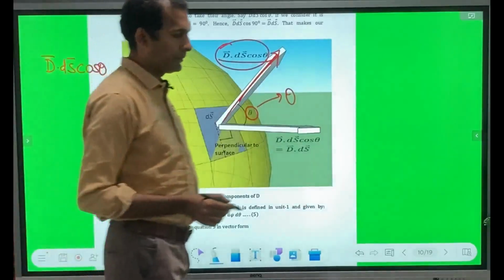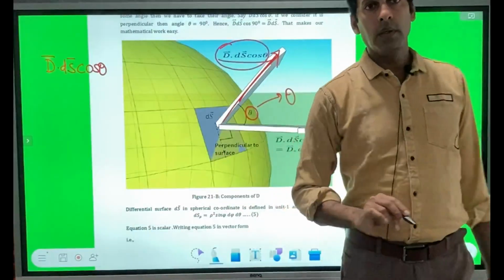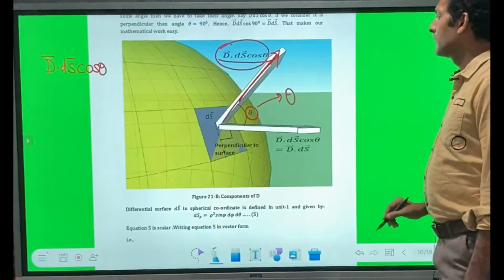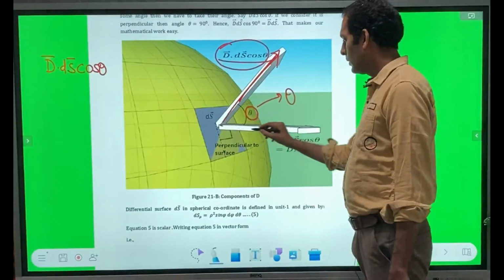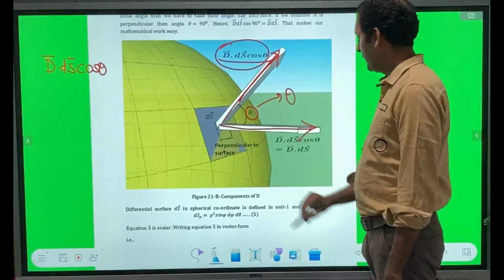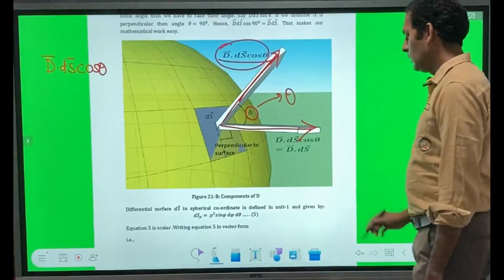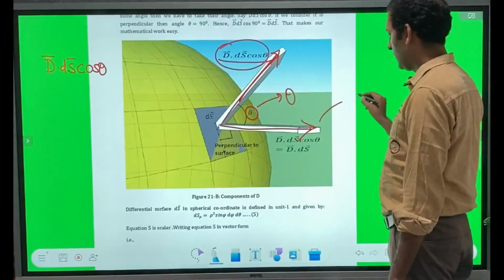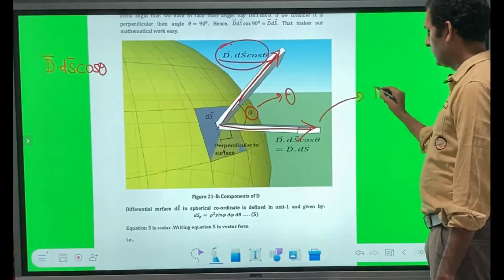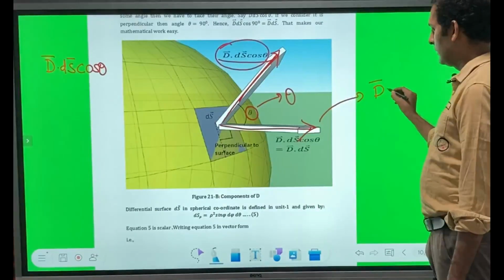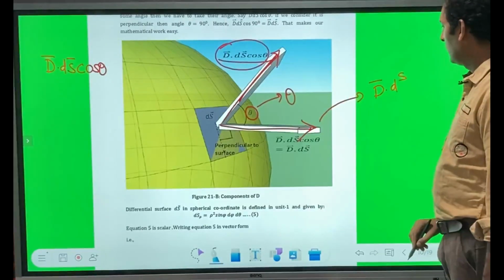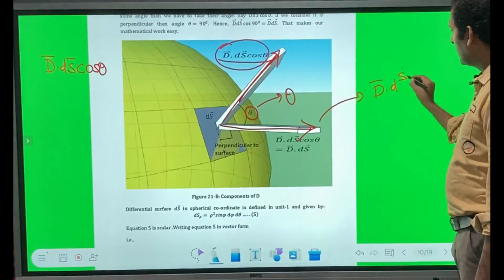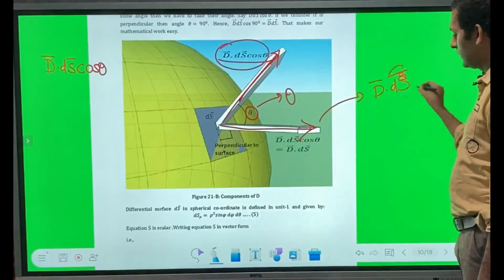But if we consider the normal component, our mathematical complications can reduce. If this is perpendicular, normal with 90 degrees, so here we can say this one is nothing but D bar dot dS bar. Okay, now this dS bar, differential surface.